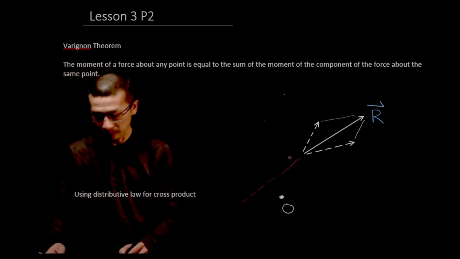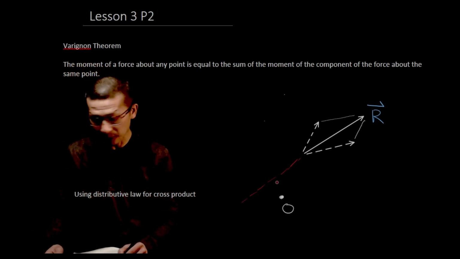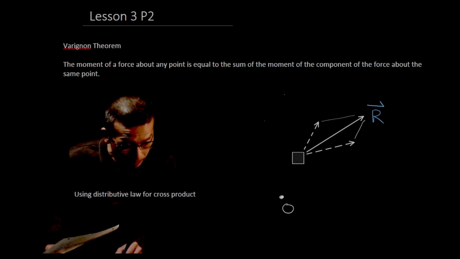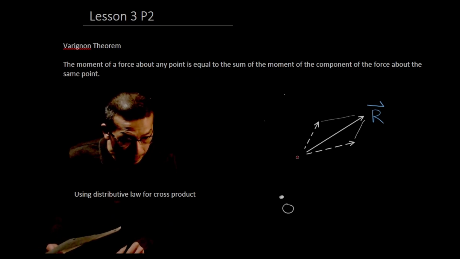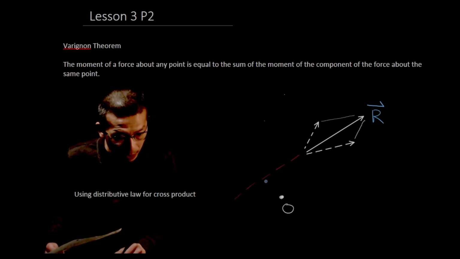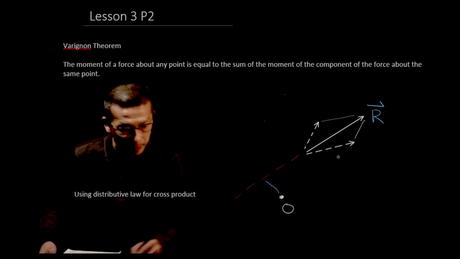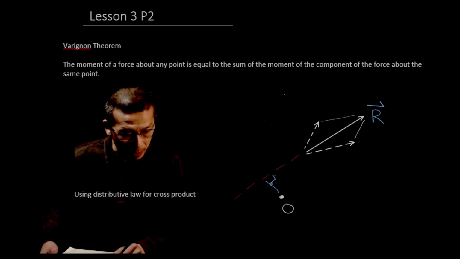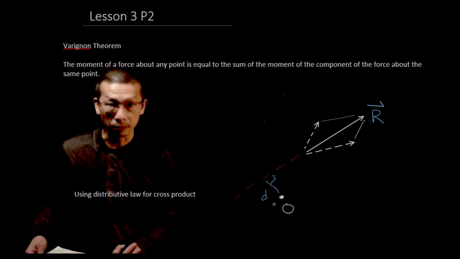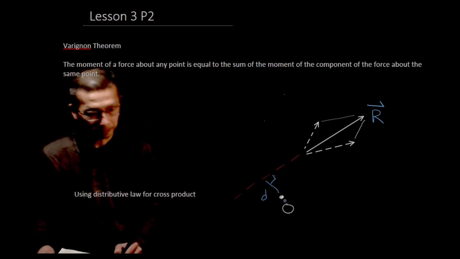Then the perpendicular distance, right here, and this is 90 degrees. This would be our D, our D distance.